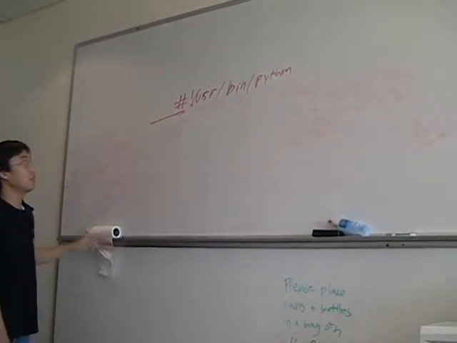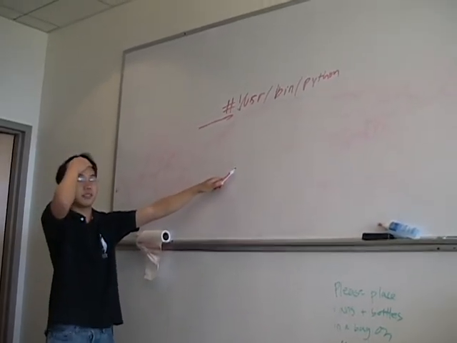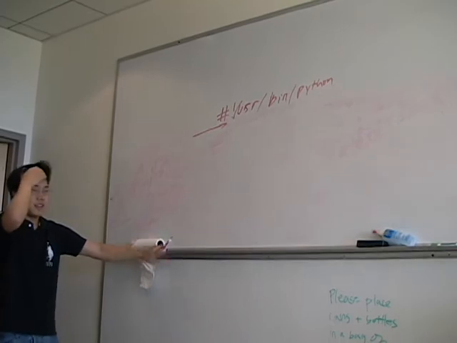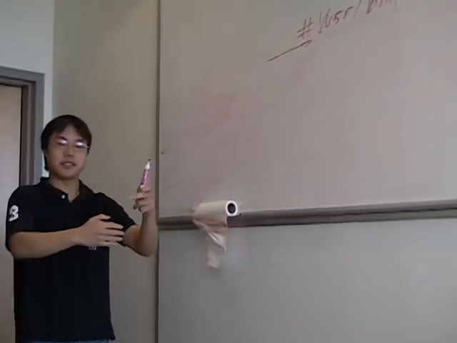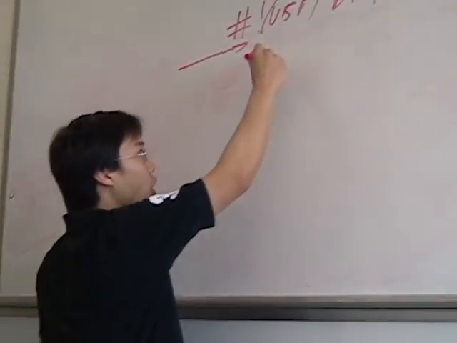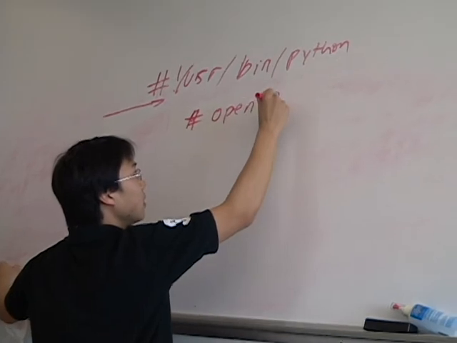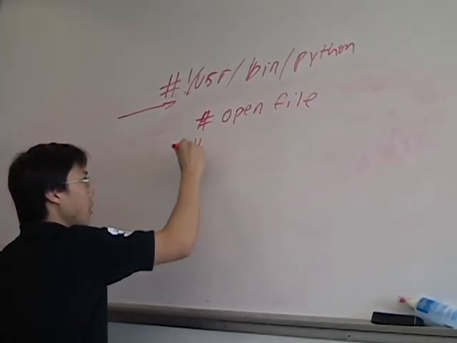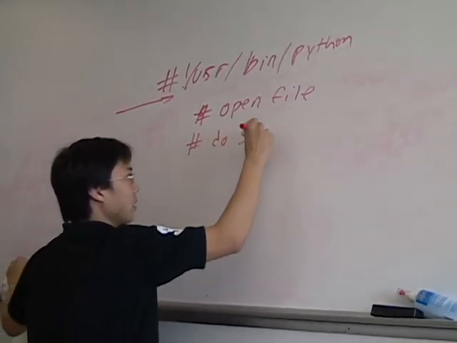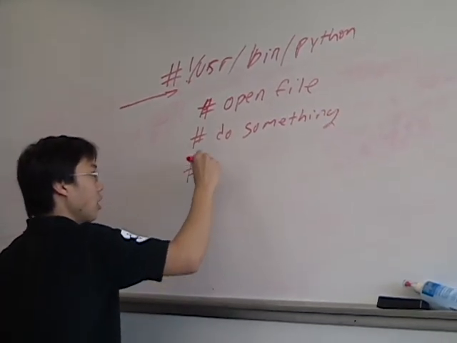So for a practical example, now you've just been exposed to a function. What a function is, it's basically a set of instructions that are just repeated. Here, I'm going to write some pseudocode. Suppose I want to open up a file. I want to do something to the file. And then I want to open another file.